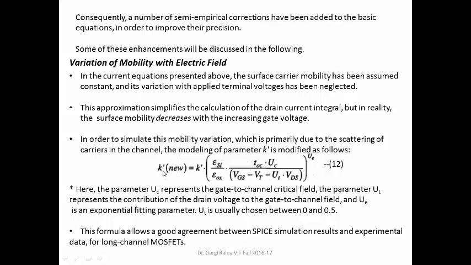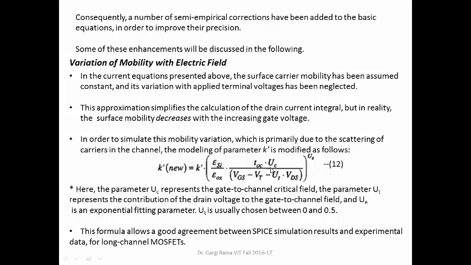K nu, or the transconductance parameter nu, is given by the transconductance parameter K times the dielectric constant of silicon divided by the dielectric constant of the oxide layer, times TOC, times UC by VGS minus VT minus UT by VDS.